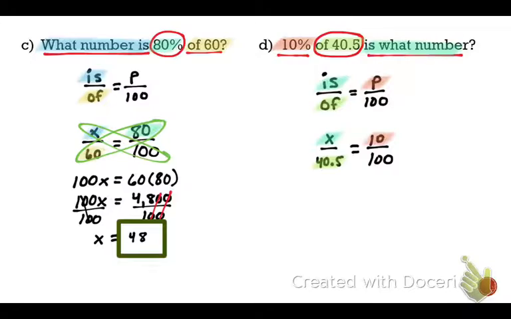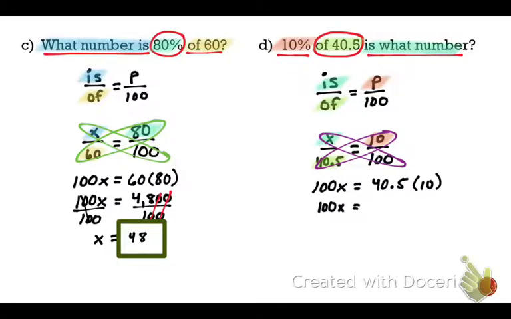Okay, Jonathan, what are you going to do next? Okay, cross products, very good. Tell us what to write. 40.5 times 10. All right, remember, anytime that you multiply something times a 10 and there's a decimal point, you would just move that decimal point 1 time to the right.